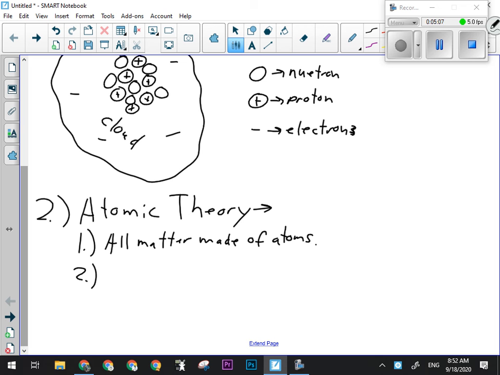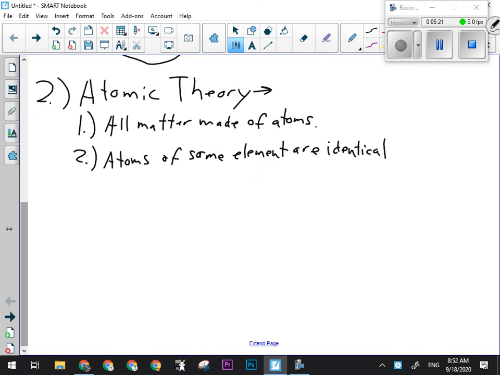Second point, atoms of the same element are identical. When compounds are formed, atoms combine in whole number ratios.